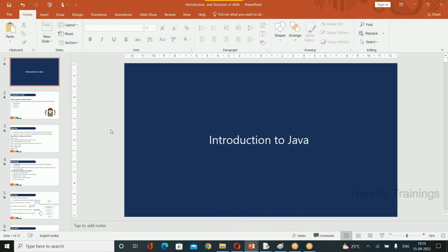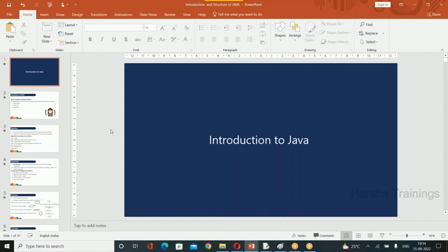Interfaces already existed from Java 1.1 onwards, but in Java 8 some new features are added to interfaces, and lambda functions are added. We also discuss some of the APIs. These are the basic things of core Java.